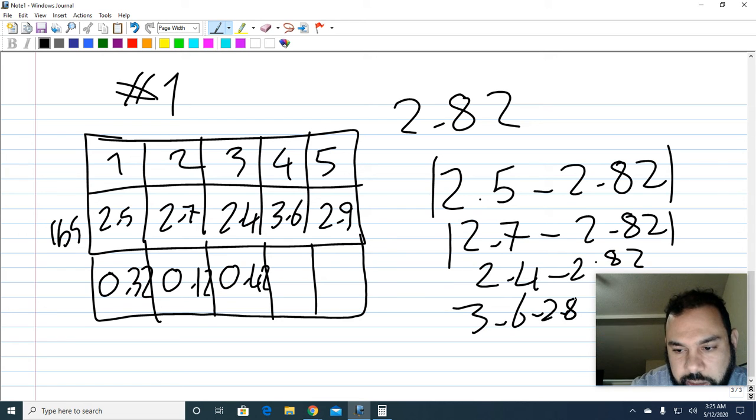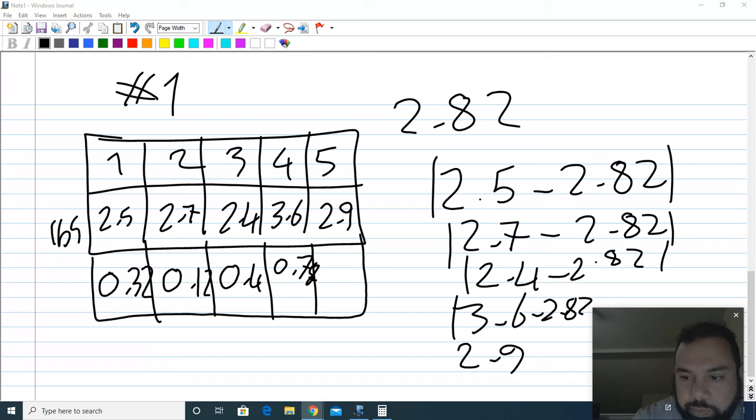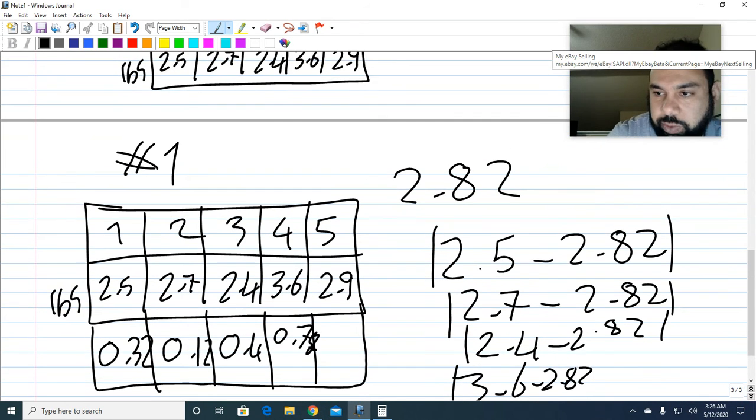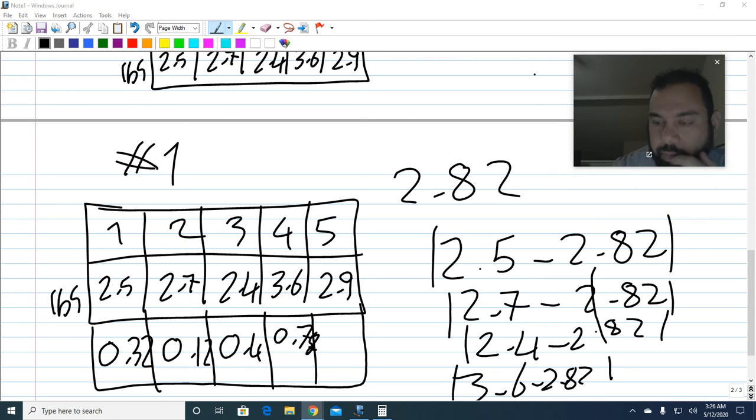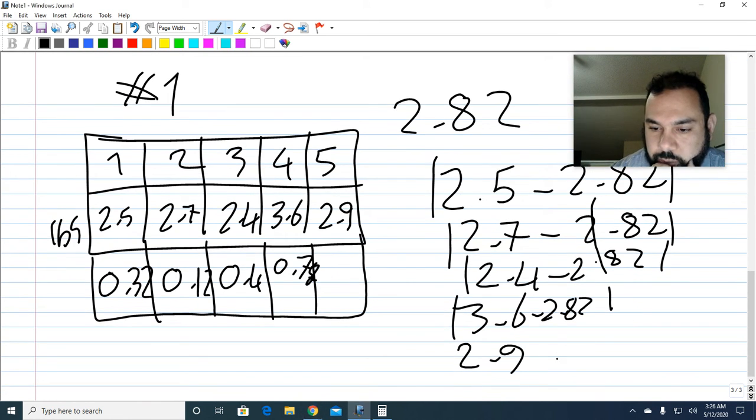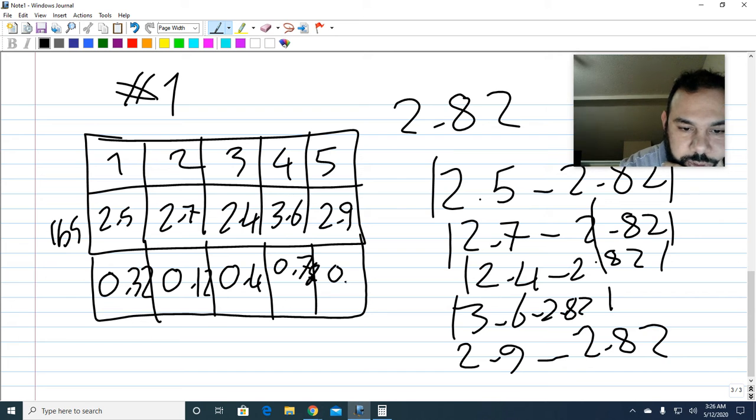3.6 minus 2.82, this will be 0.78. And then finally 2.9 minus 2.82, this will be 0.08.